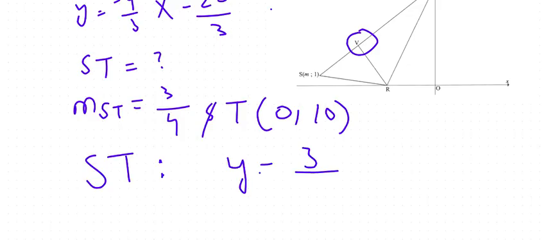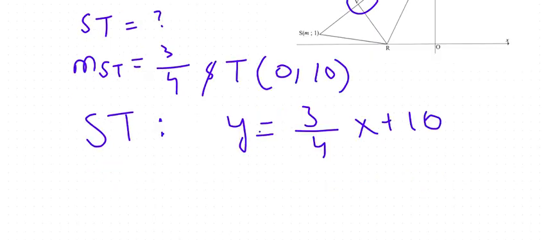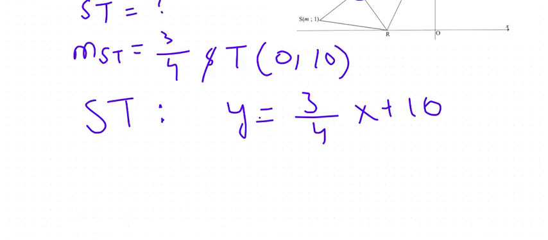So we equate the two y values to find the x coordinate of V. We equate the two y values, for ST and for VR, so I'm just doing ST equals VR.